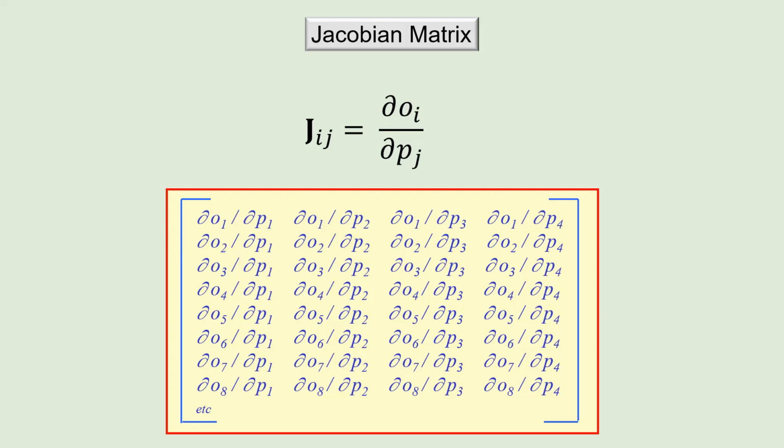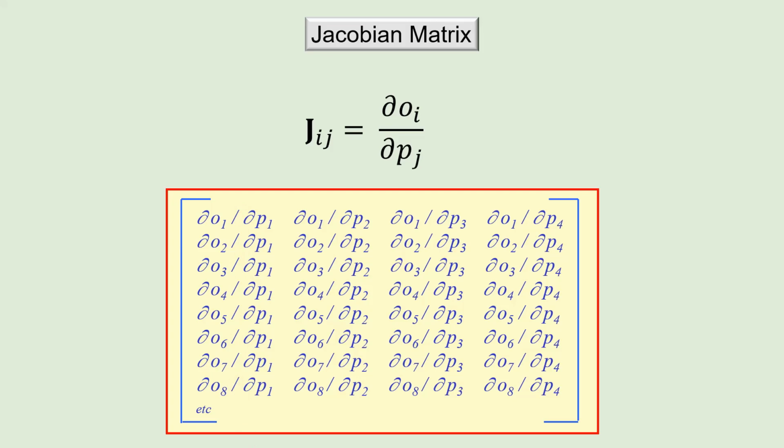The Jacobian matrix is a sensitivity matrix. Each column of the Jacobian matrix ideally should contain the partial derivative of all model outputs used in the inversion process with respect to one parameter. The first column contains the derivatives with respect to the first parameter.